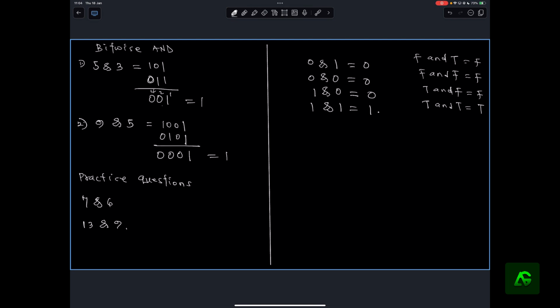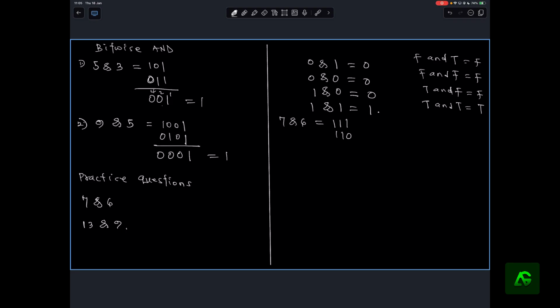Now, the solution to the question. We have 7 and 6. The equivalent form of 7 in base 2 is 1 1 1, right? And 6 is 1 1 0.